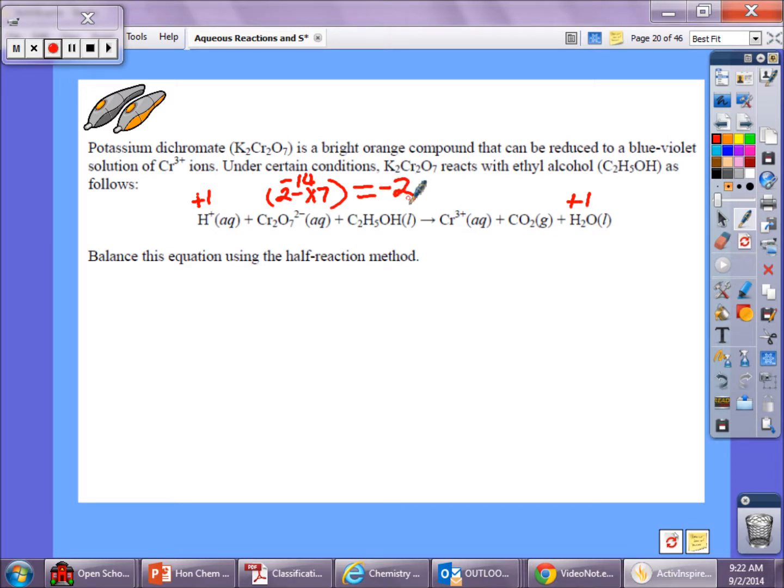That means the 2 chromiums have to be plus 12. That means each chromium has to be plus 6. Each chromium is plus 6. Let's go here. That chromium is plus 3. Therefore, chromium is reduced. It went from plus 6 to plus 3.